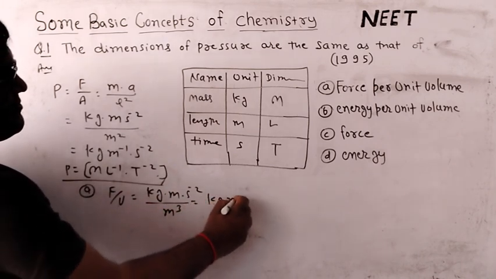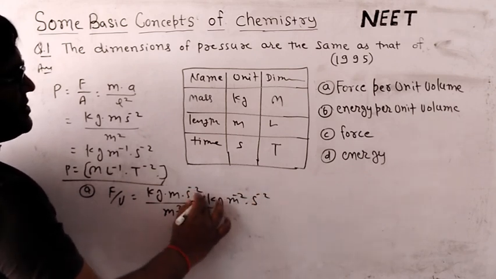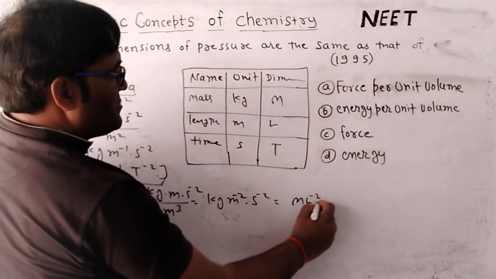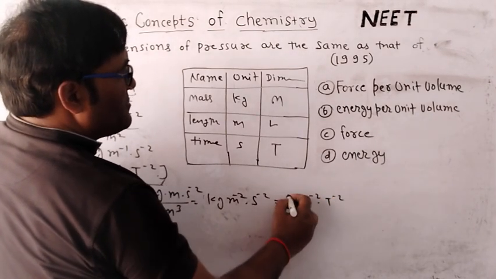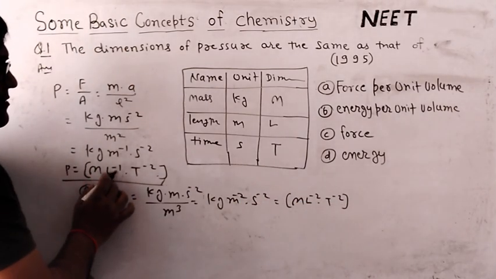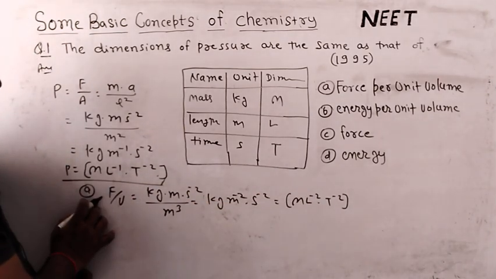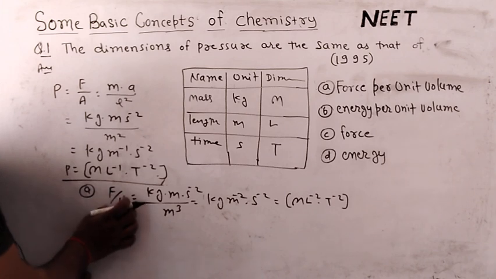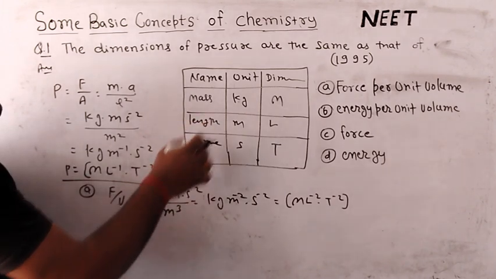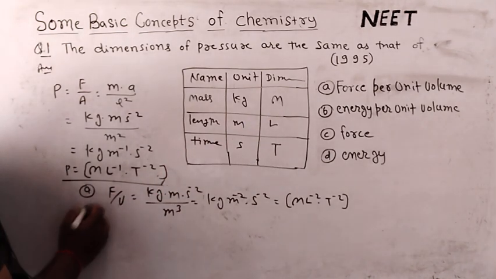Now kg per meter square per second square. In terms of dimension, we can write M L inverse square and T inverse square. So in case of option A, the dimension of option A and the dimension of pressure do not match, so option A is incorrect.